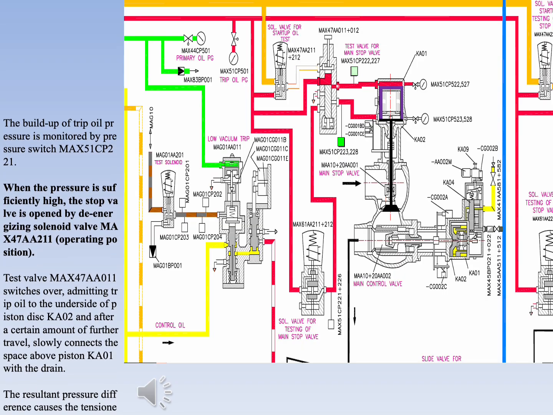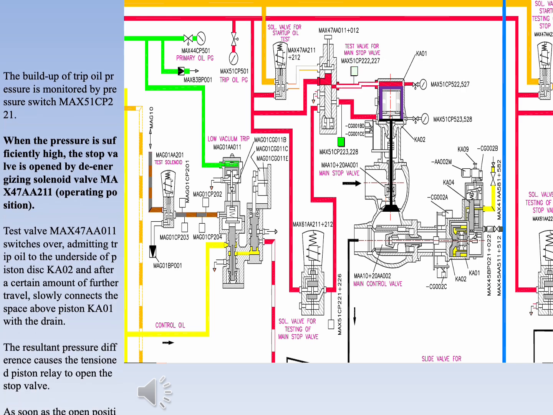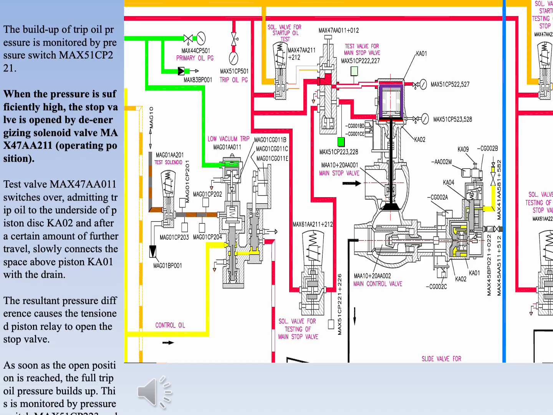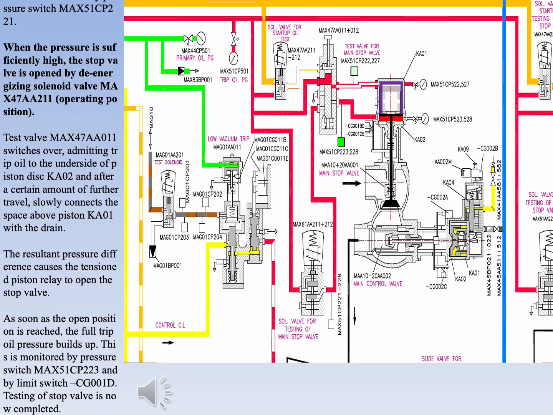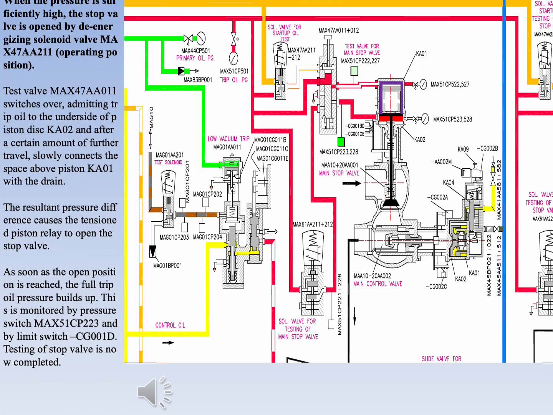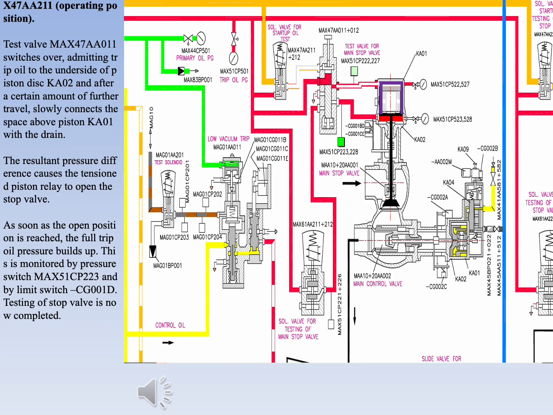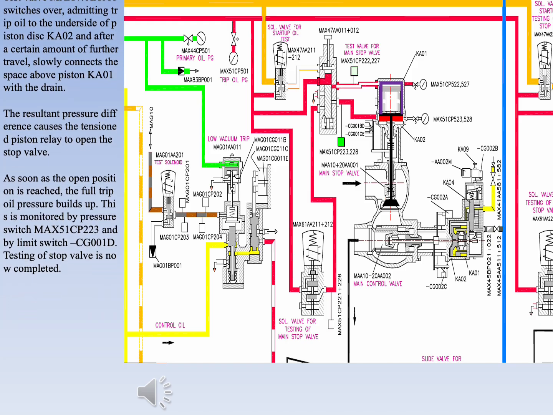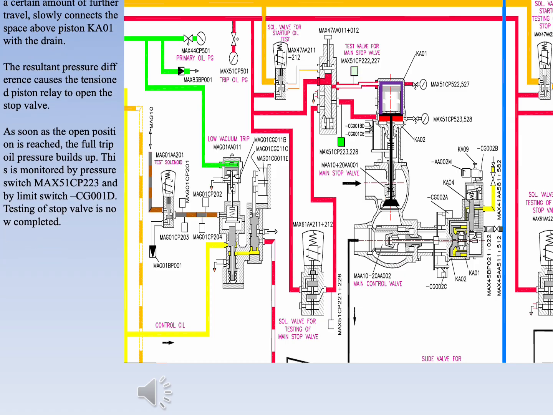Test valve MAX47AA011 switches over, admitting trip oil to the underside of piston disc KA02, and after a certain amount of further travel, slowly connects the space above piston KA01 with the drain. The resultant pressure difference causes the tensioned piston relay to open the stop valve.